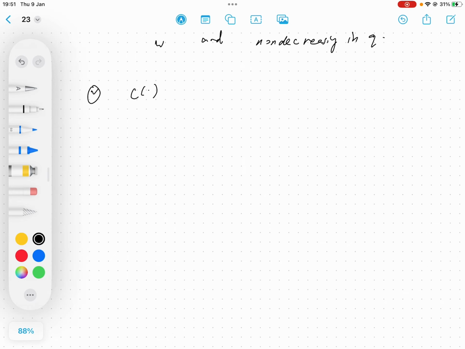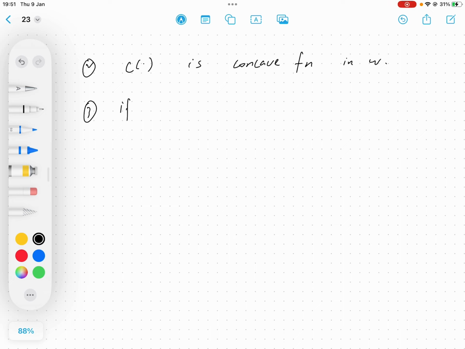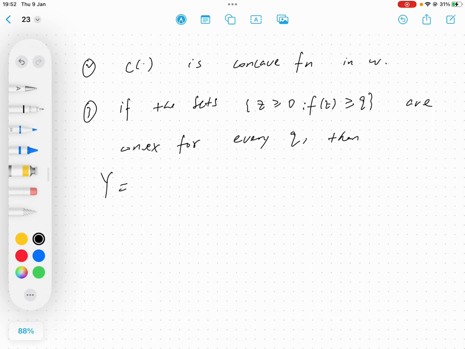And second, the value function C is a concave function in W. And third, if the sets of those Z where F(z) is at least some output level are convex for every Q, then capital Y equals the set of z such that w·z is at least this level of C(w,q) for all positive vector w.